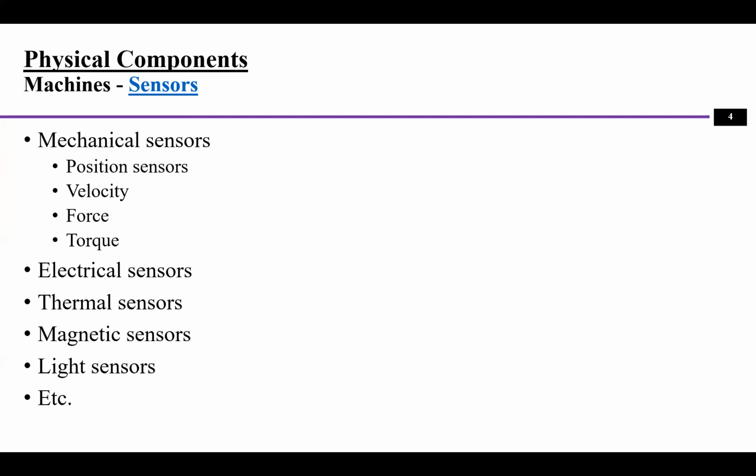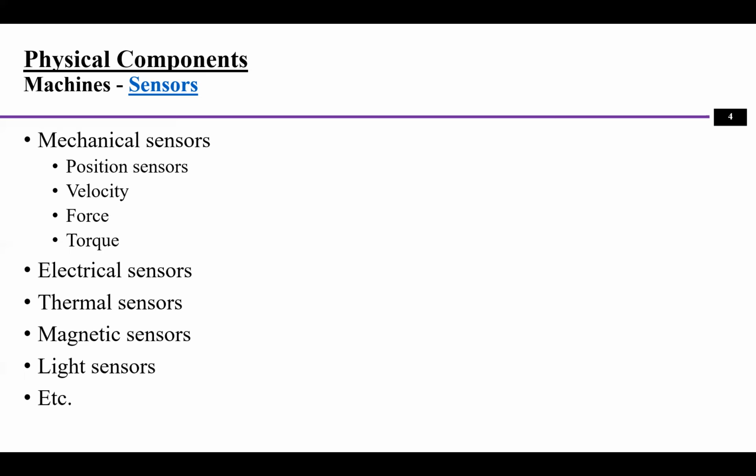For example, in our life, we see all the different sensors, distance sensors and some other things, and we can categorize those sensors in the following categories: mechanical sensors, for example, position sensors, velocity, force, and torque, or electrical sensors, thermal sensors, magnetic sensors, light sensors, and so on.